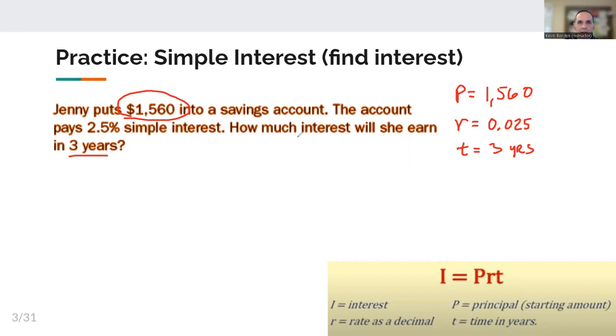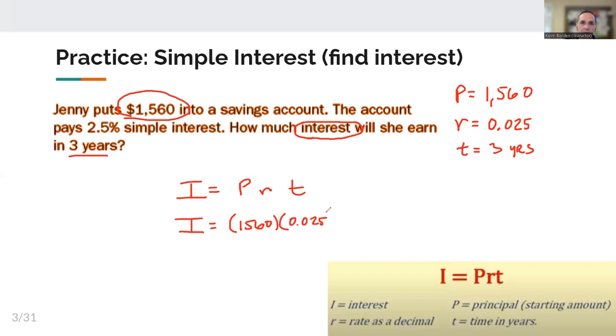We also want to pay attention to, are they asking for a balance, the total amount, or just the interest? And it looks like they're just asking for the interest. So our formula should work just fine. Interest equals principal times rate times time. Let me fill those in. Our principal is 1560. Our rate is 0.025.